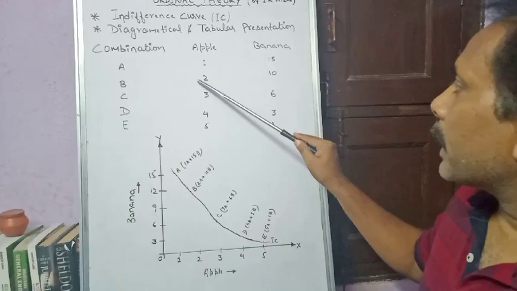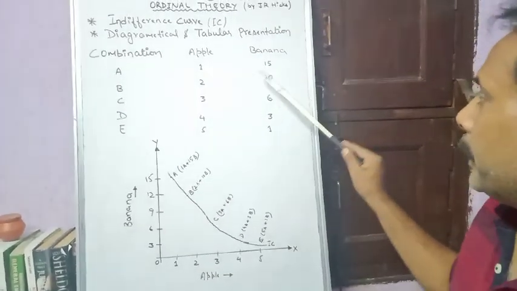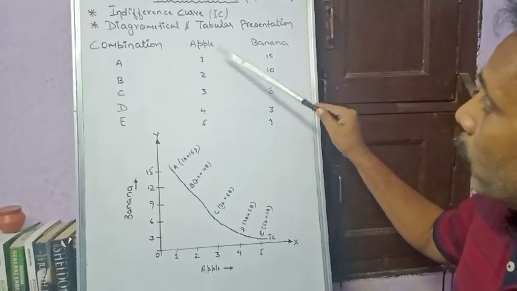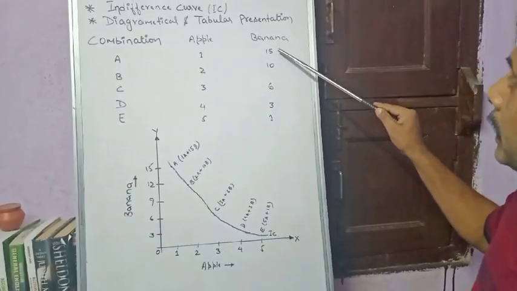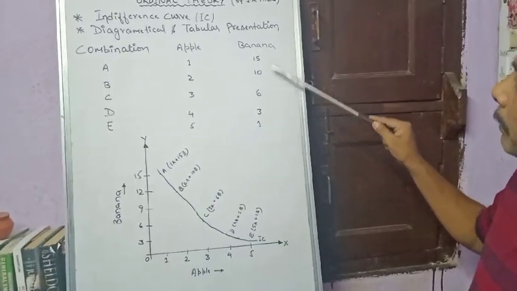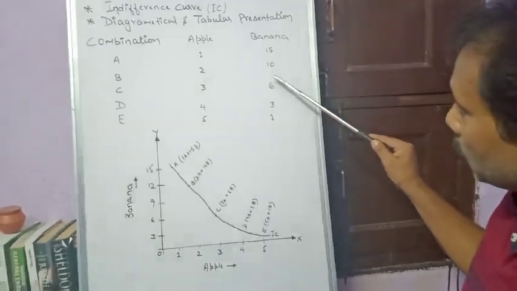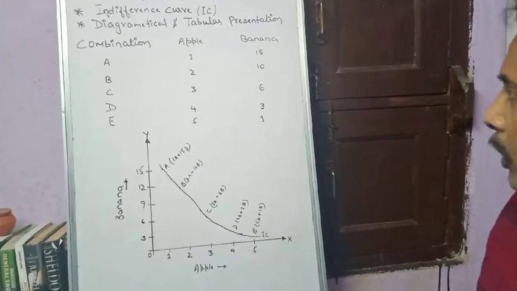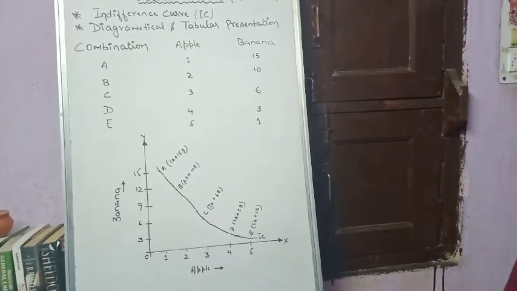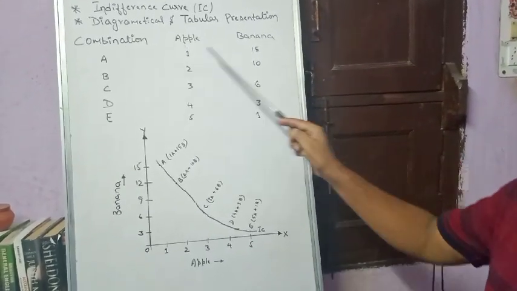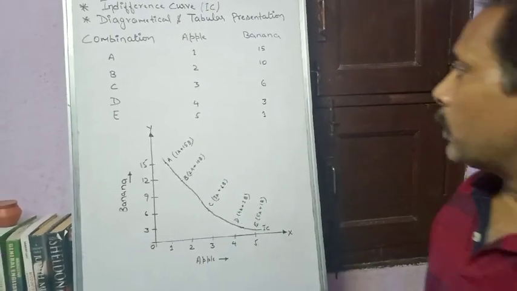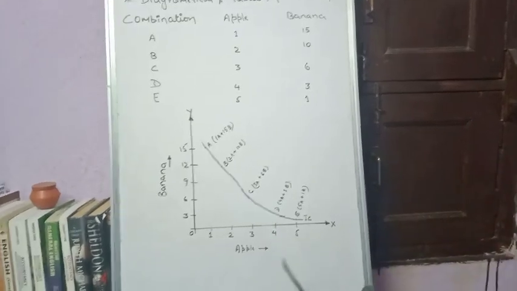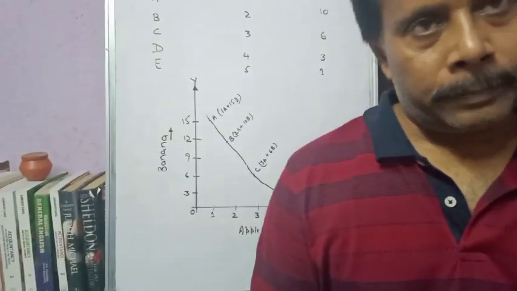So here the combination is 2 and 10. He is ready to gain one more apple, and due to that he is ready to sacrifice bananas, and for this reason the satisfaction level does not change. So in this way the indifference curve is nothing but a graphical representation of the combinations of apple and banana.